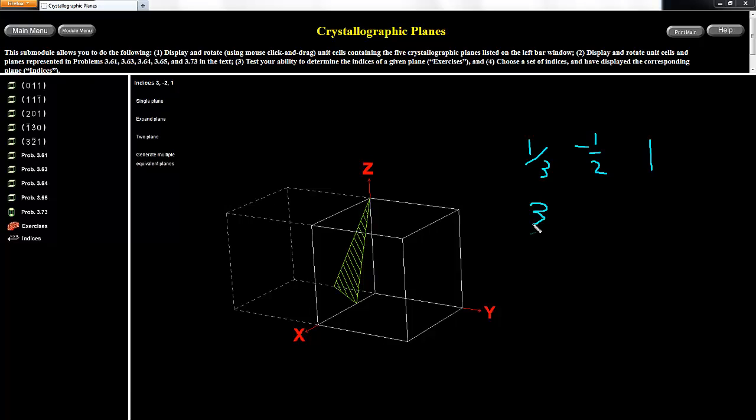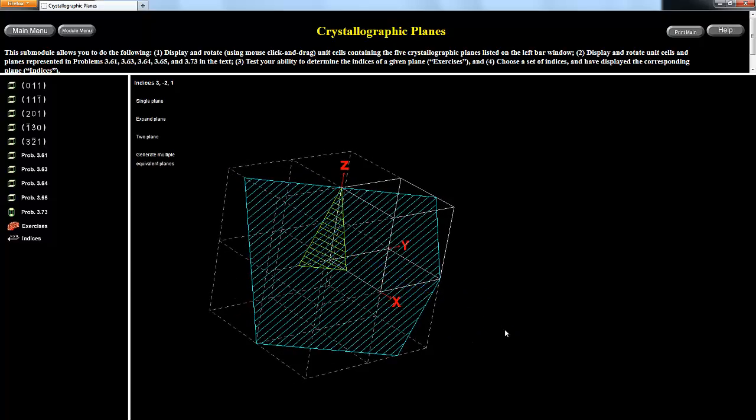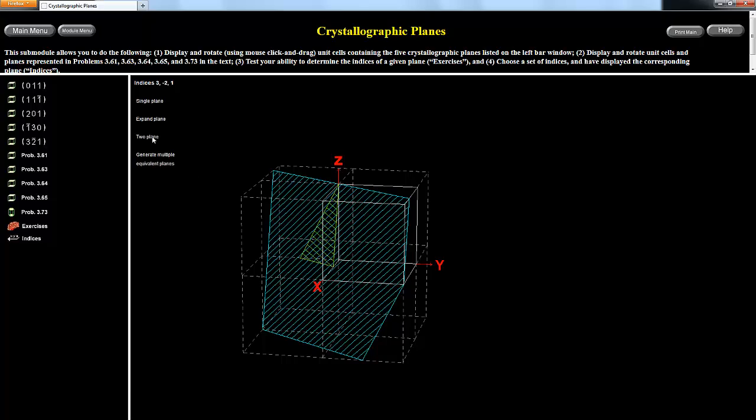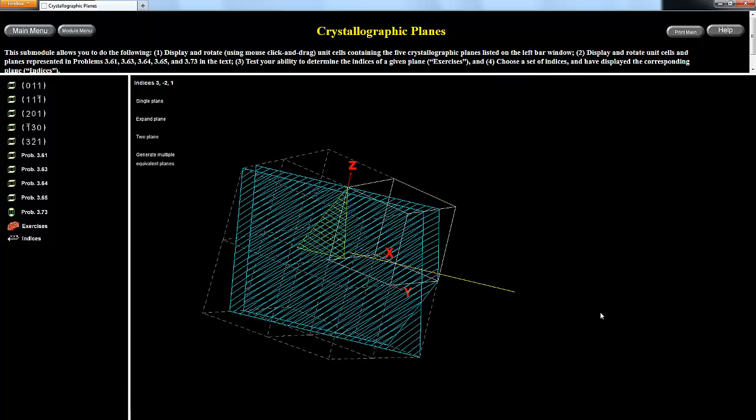Take the inverse, 3, -2, 1, and these are already in the simplest format, so I put it into our proper notation, 3 2 bar 1 in parentheses. Looking at an expanded plane, it's very interesting this way in this cube. And I'm going to add another one here that's parallel to it, like that.